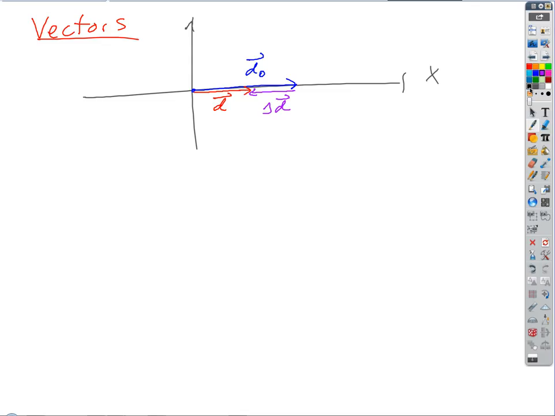We know that displacement equals final position minus initial position, right? Does that make sense? So somehow with vectors, we've got to make that look like the purple vector equals the red vector minus the blue vector. Wow. Okay. How do we get there?